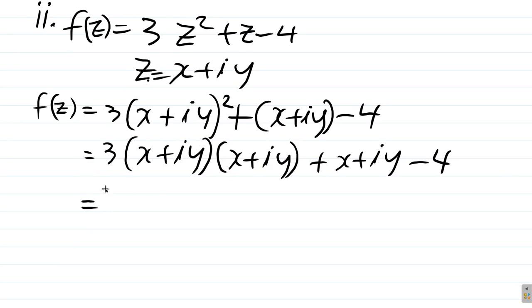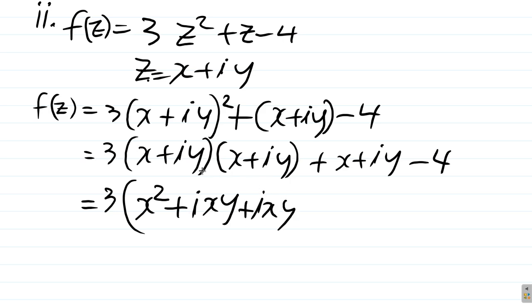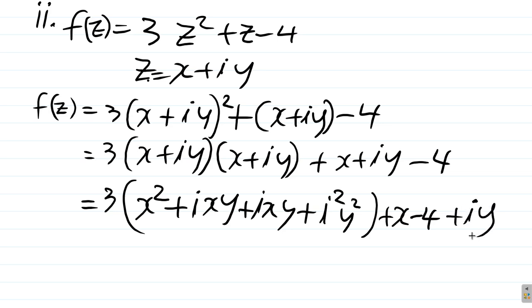So this is 3 times, you have x² plus ixy plus ixy again plus i²y², plus x minus 4 plus iy.